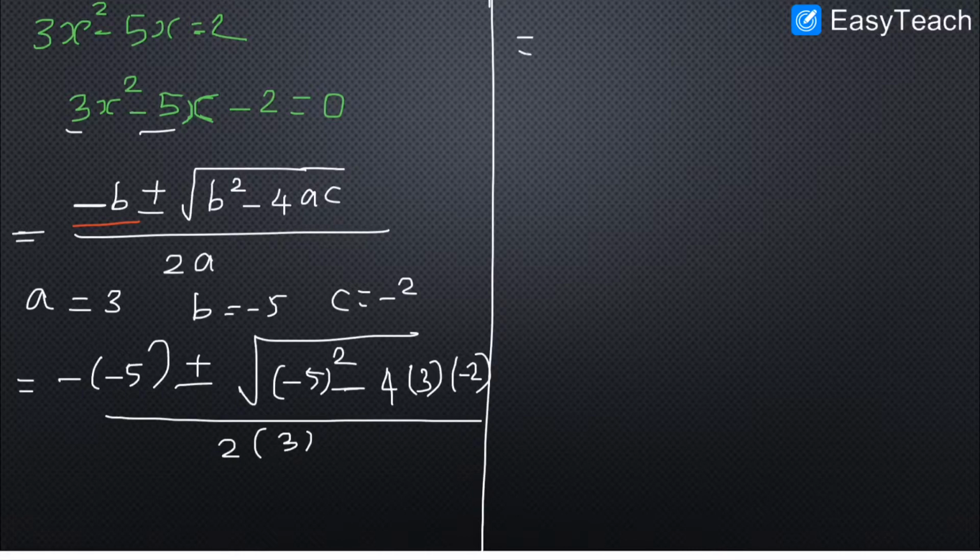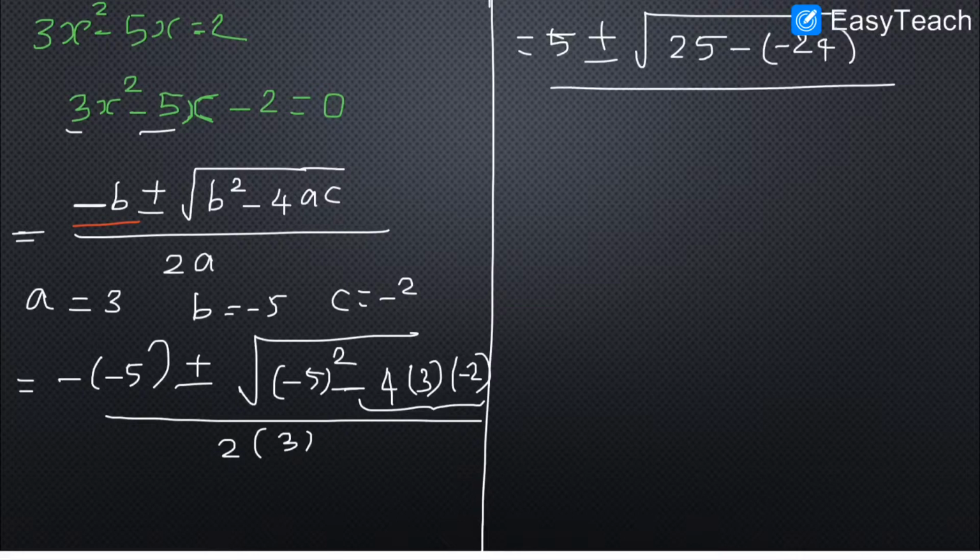In the next step, you multiply minus into minus 5, which gives me plus 5, plus or minus the square root of minus 5 whole square, which gives me 25, minus the product of this value, so minus 24, the whole divided by 6.